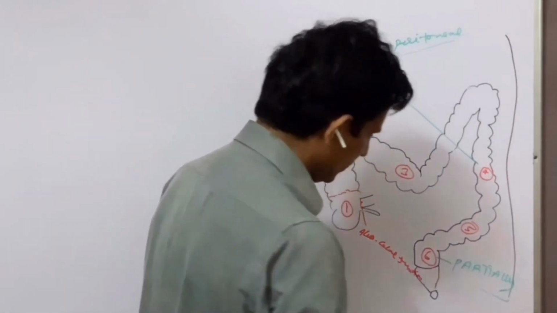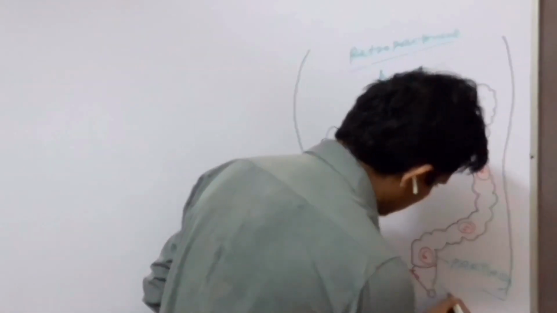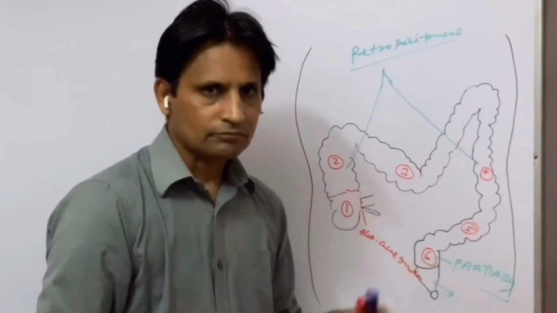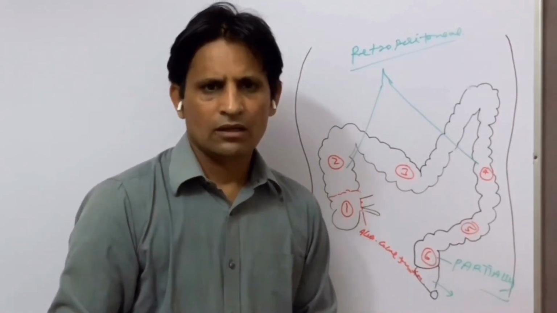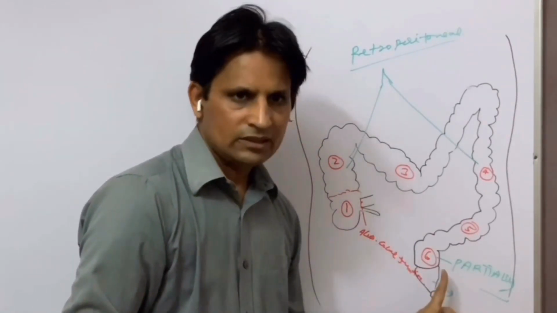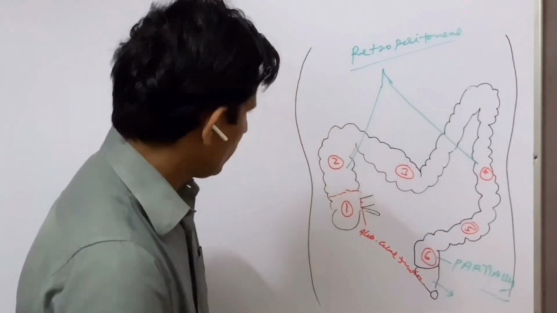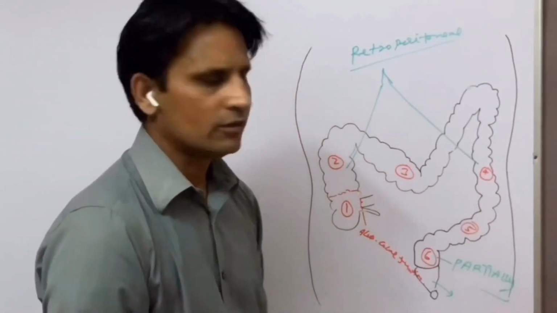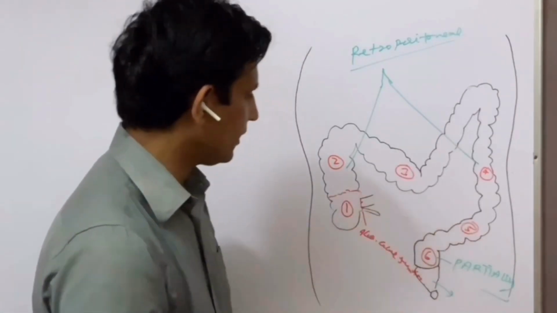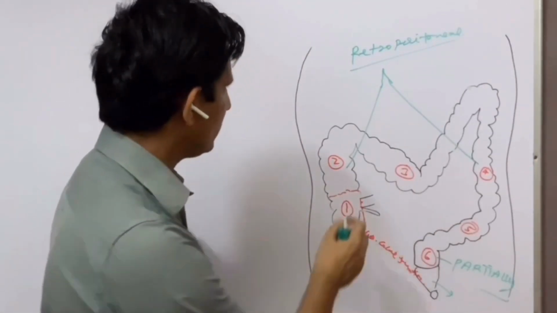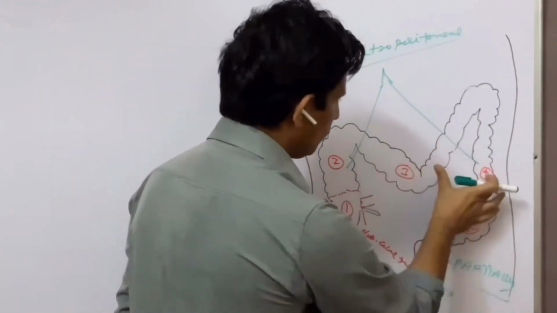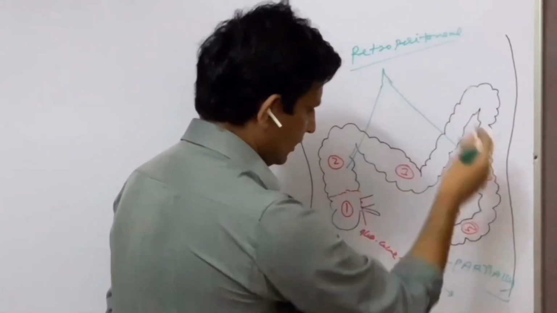While all the remaining portions are intraperitoneal, except the ascending colon and the descending colon, these both are retroperitoneal.